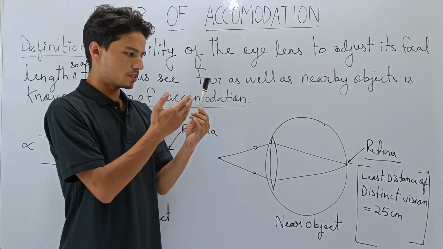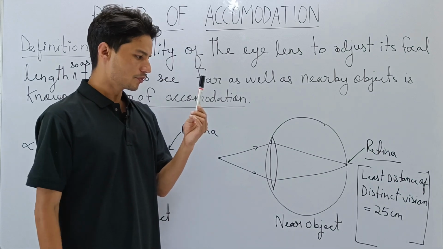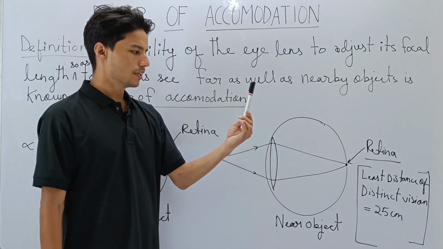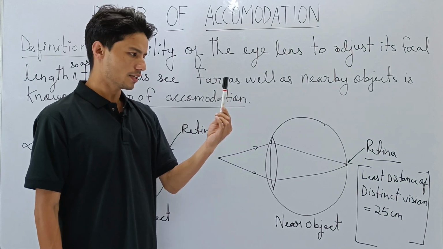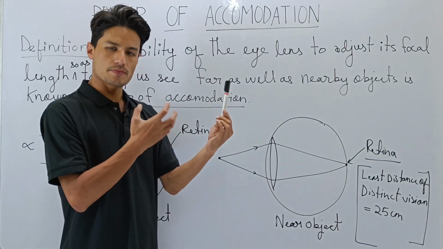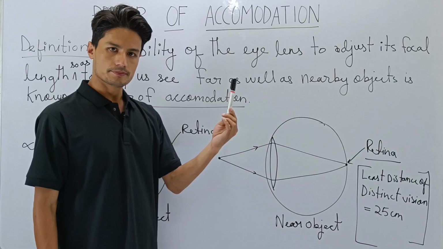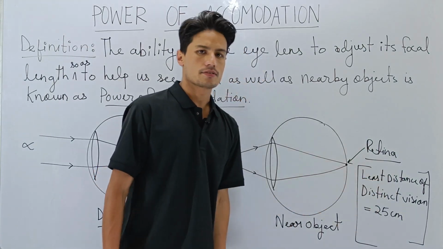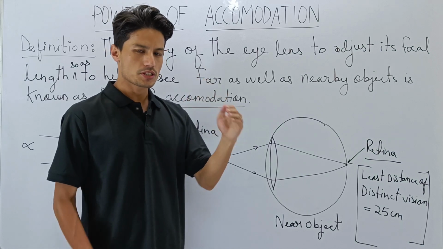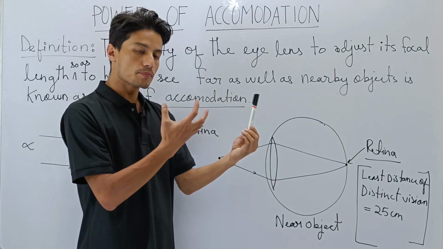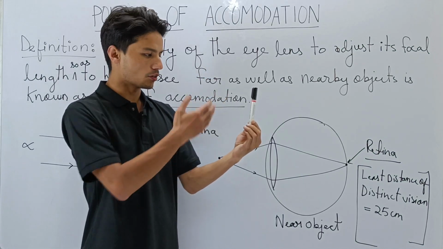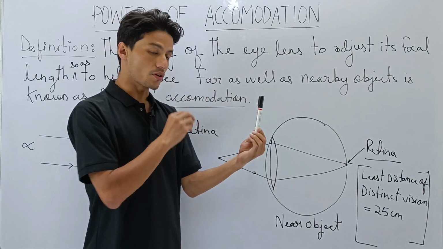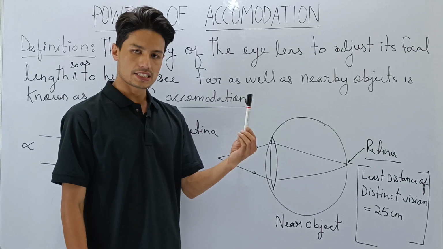So to view these initials clearly, I have to keep it at a minimum distance of 25. More than 25 is okay, but at least at 25 there is less stress in my eye, so I can view it comfortably. This is called the least distance of distinct vision, meaning the minimum distance at which your eye can comfortably read, or comfortably form the image of what you are seeing.